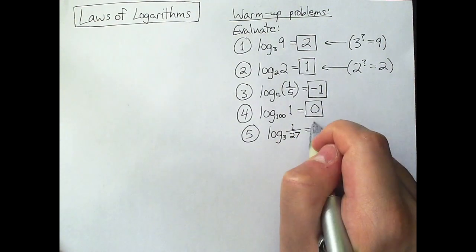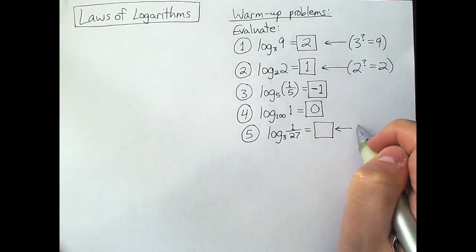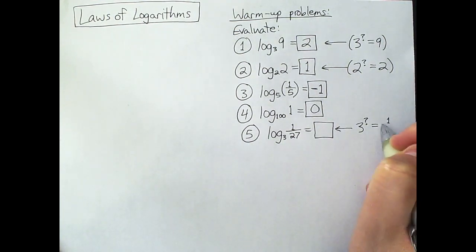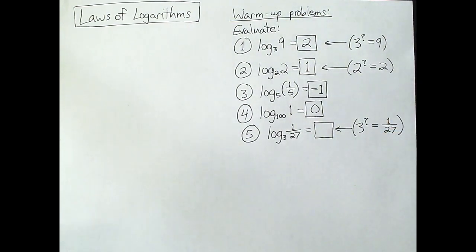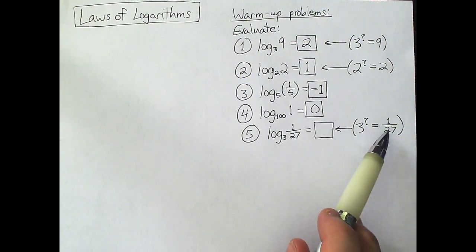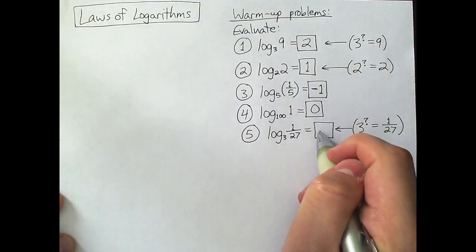For this last one, let's write the scratch work. So this is 3 to what power equals 1/27. So I know that 27 is a power of 3. 27 is 3 cubed. So 27 is 3 to the 3. But because it's in the denominator, it would be a negative exponent.